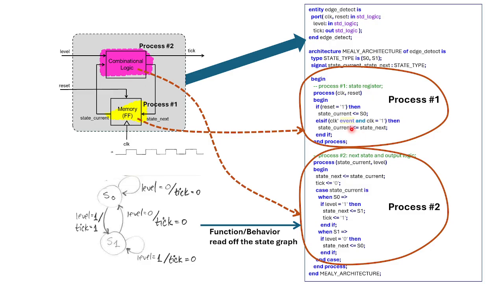It's very important to also think and visualize these two processes as describing two pieces of hardware that exist at the same time and do work independently from each other, in the sense that they both exist implemented in hardware at the same time, and one operates as captured by this process description here, and the other one does its work in parallel, concurrently. That's why these two processes are also called concurrent processes.